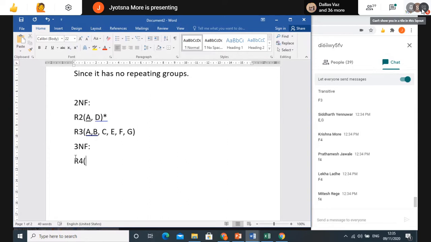Okay, that is the next line. That is E determines G, which is a transitive functional dependency.